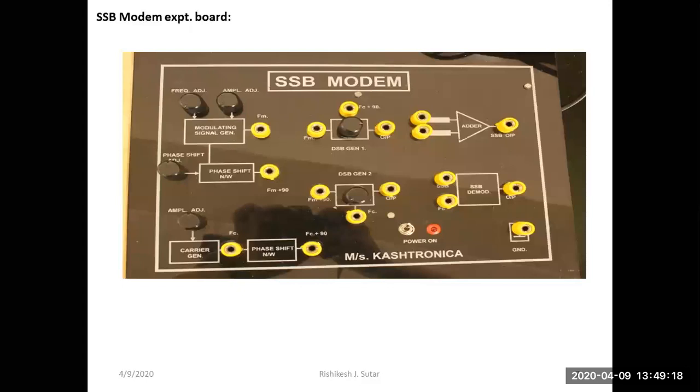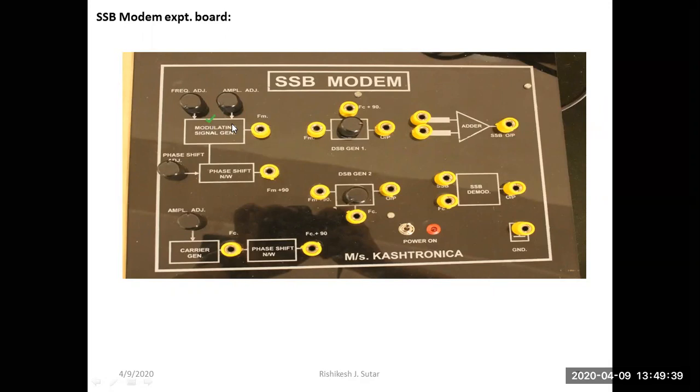Now, let us see the actual demonstration with the help of SSB modem experimental board. Here we can see the modulating signal generated section on the upper left corner.